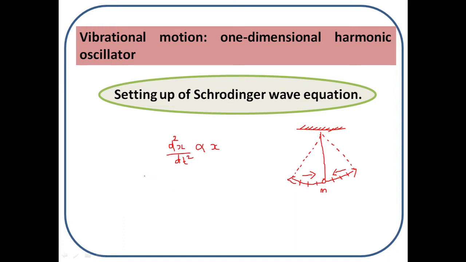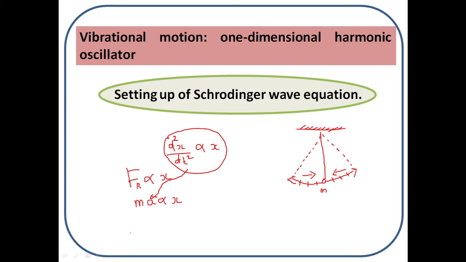That force is termed a restoring force. That is, a restoring force F_R is directly proportional to x, where x is the displacement from the mean position. But we know from Newton's law that F is ma, mass into acceleration, is directly proportional to the displacement from the mean position x.